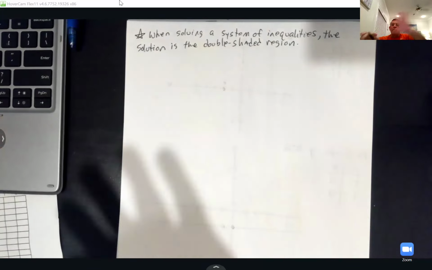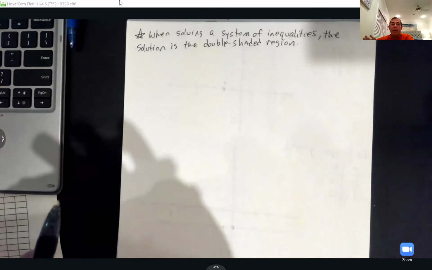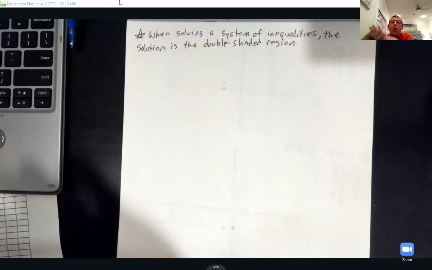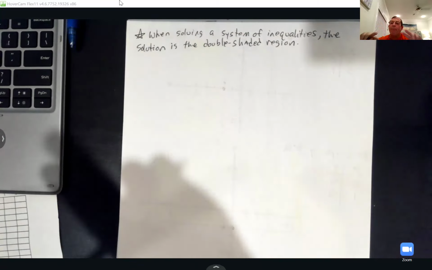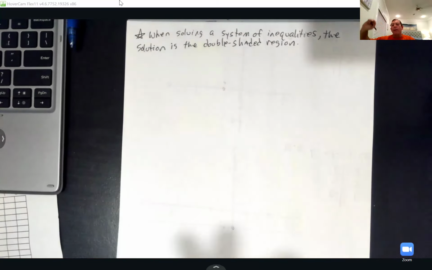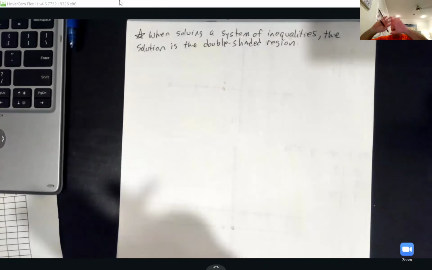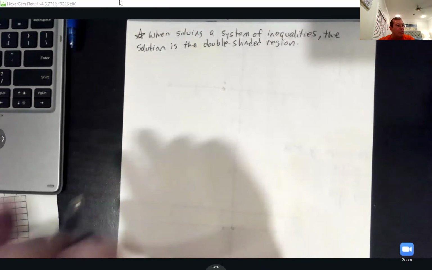So that's going to be where 2 shades overlap each other, okay? That is the only solution that'll satisfy both equations. So we're looking for double shaded regions on these.